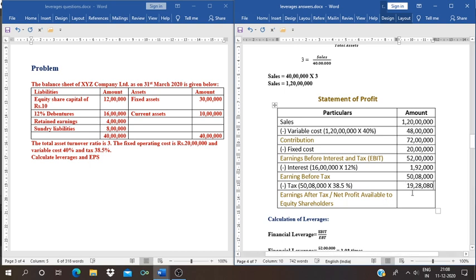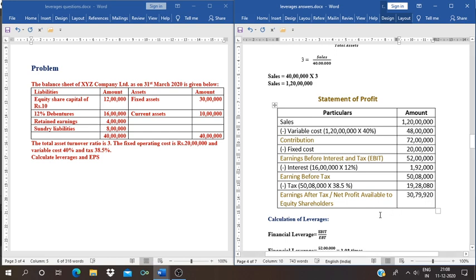So the tax amount is 19 lakh 28,080. After deducting tax from the EBT, we get earnings after tax, that is 30 lakh 79,920.